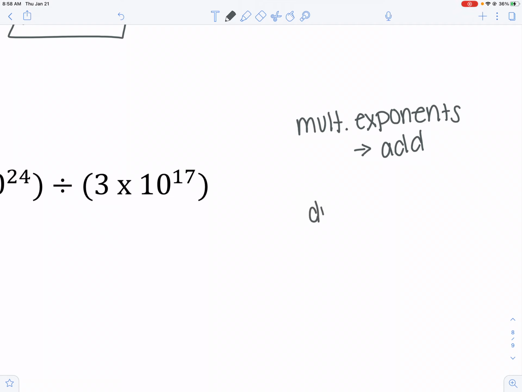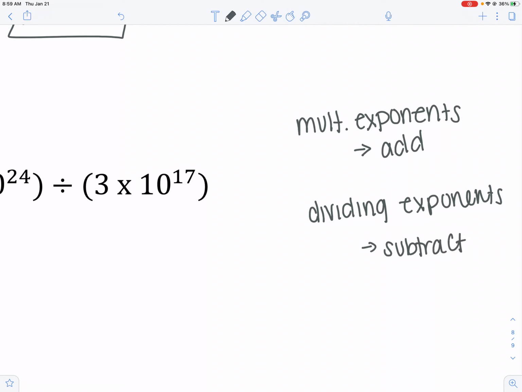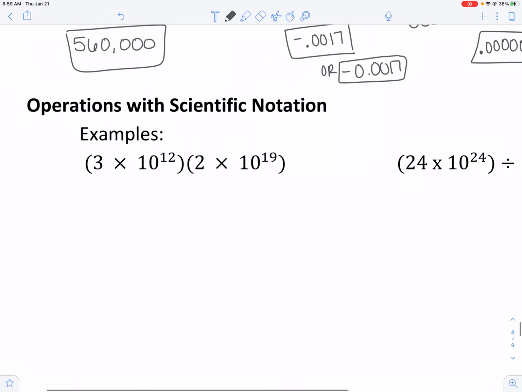If you're dividing exponents, you are going to subtract. You did this in Math 101, but depending on how long ago that was, you may not remember it. So if you're multiplying, you add. If you are dividing, you subtract. So let's look at our first example.